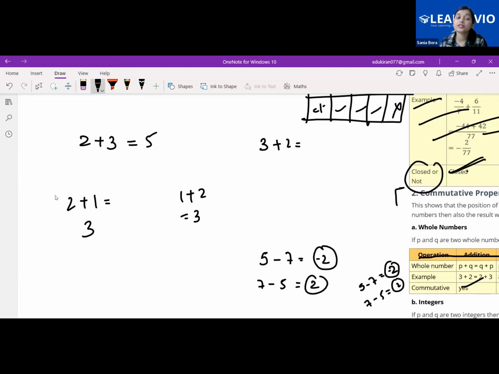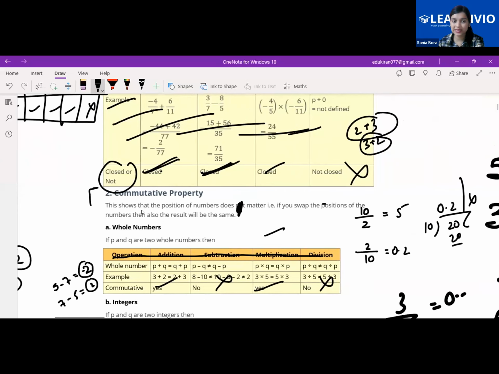So even if I change the position of the number, is my answer affected? No, ma'am. So this is what commutative property says: the position of the number doesn't matter. If you swap the position of the numbers, the result would be the same. So you will write the second property, commutative property, till here. Then we'll do the table later on.